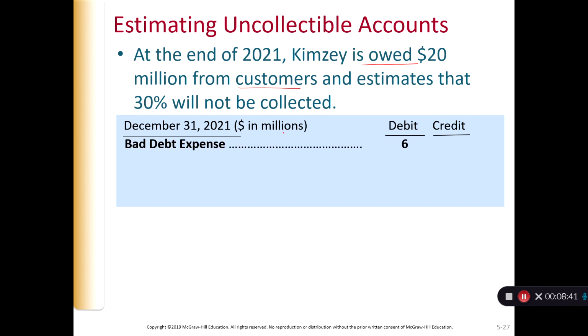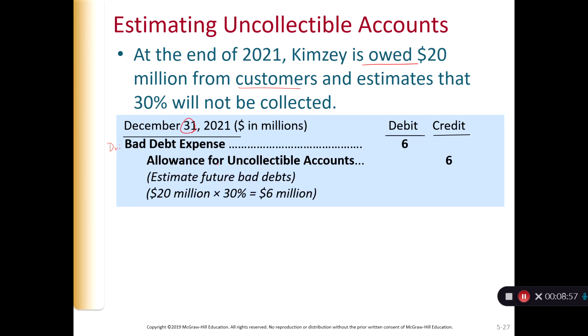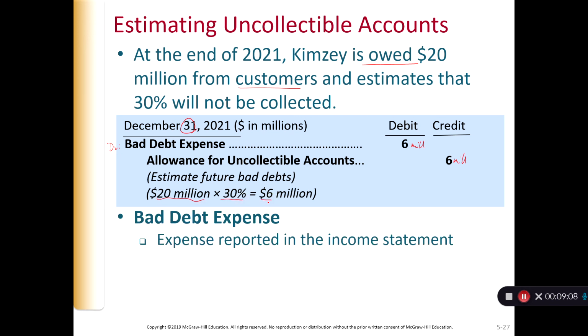So therefore, on December 31st, they have to estimate what the future uncollectible amount is, right? So by debiting bad debt expense and crediting allowance for uncollectible accounts for 6 million, and the 6 million is calculated by 20 million multiplied by 30%.